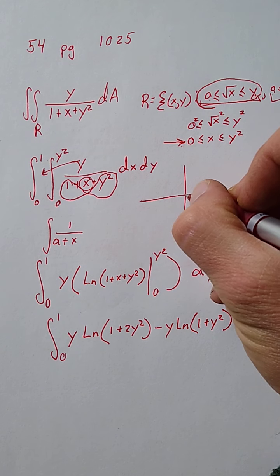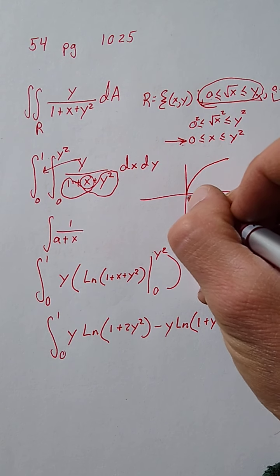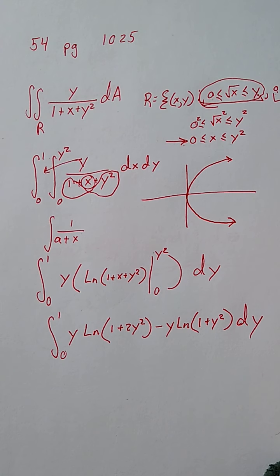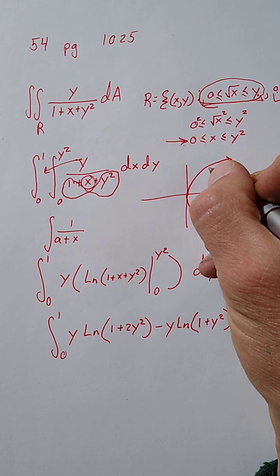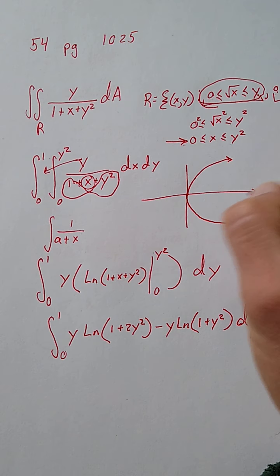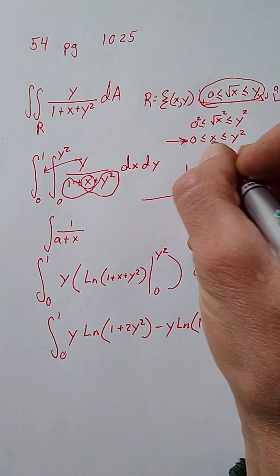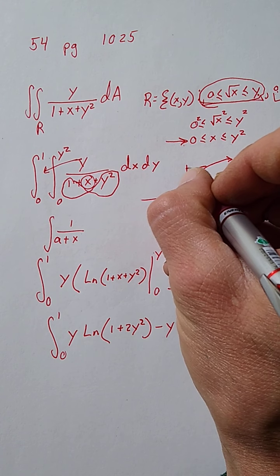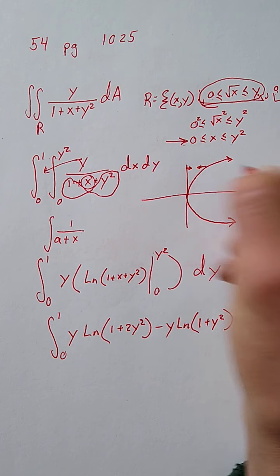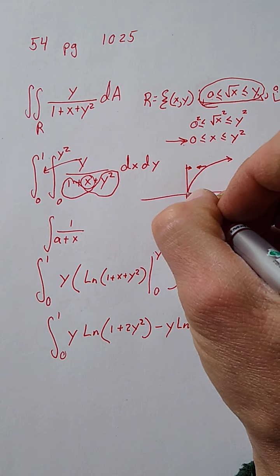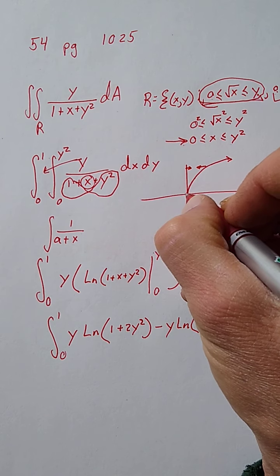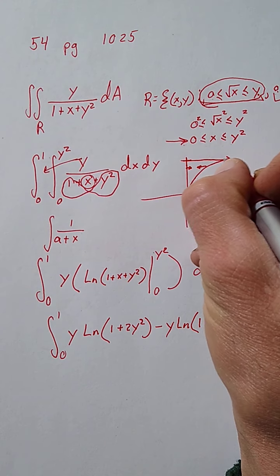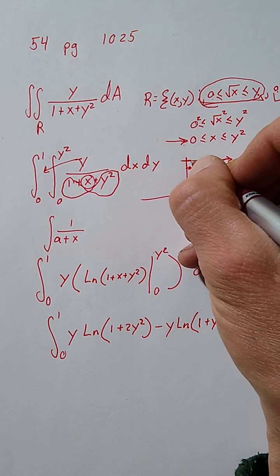So this is y squared, and my x values, so x gets bigger if I go to the right and smaller to the left, and my x values need to be less than that, but greater than 0. Check, and my y values can be from 0 up to, we'll say, there's 1, and I have this region here.